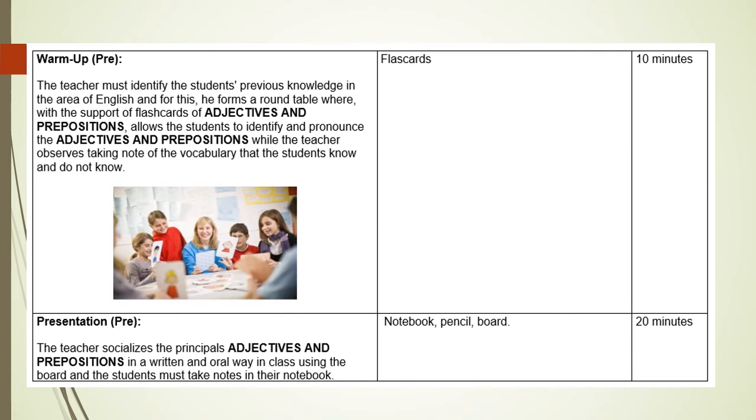And now the session warm-up for this lesson. The teacher must identify the students' previous knowledge of English, and for this, he forms a round table where, with the support of flashcards of adjectives and prepositions, students identify and pronounce the adjectives and prepositions while the teacher observes, taking note of the vocabulary that the students know and do not know.